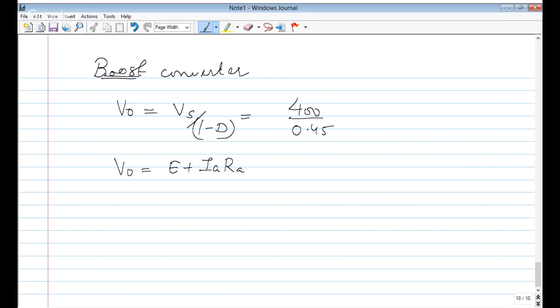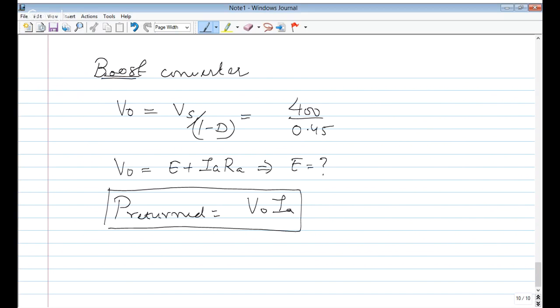Once you have that, we can find out EMF. So what is the power returned to the supply? What I feel is if we directly multiply VT into IA, what is VT? 400 by 0.45. So power returned to supply is simply V naught into IA. That will be the power returned to the supply.